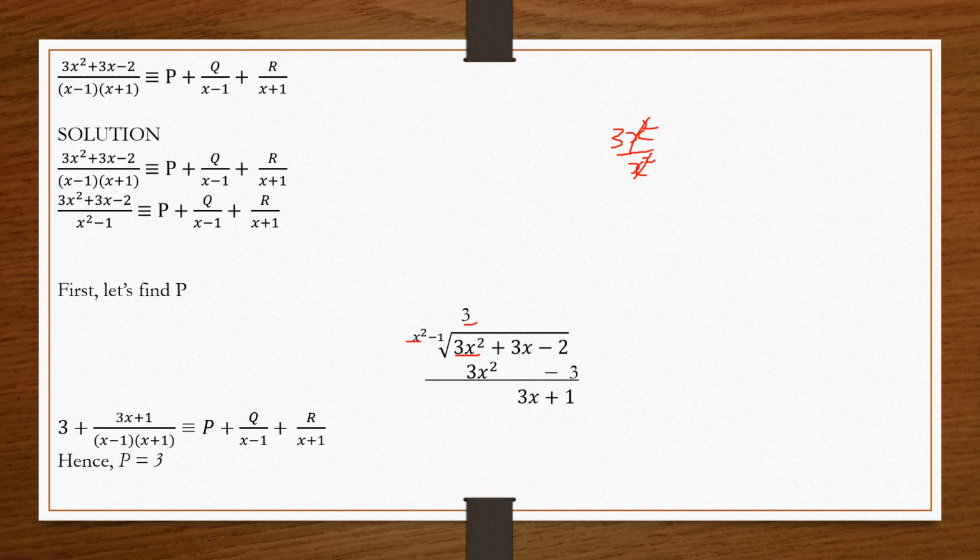Now secondly, if I want to divide further, you will notice that this cannot divide this. The power here is 1, this power is 2, so it cannot divide. So I had to stop because the power cannot be divided. This is the higher power and this is 1, this is 2. So what I did is to multiply this x squared minus 1 by 3, so I can get the remainder.